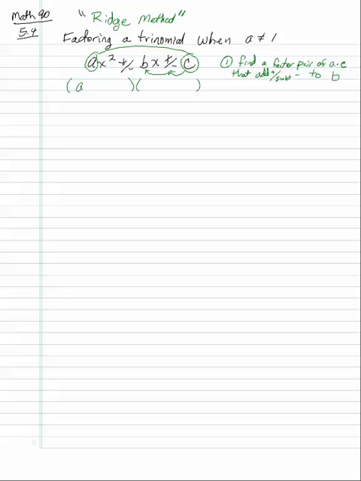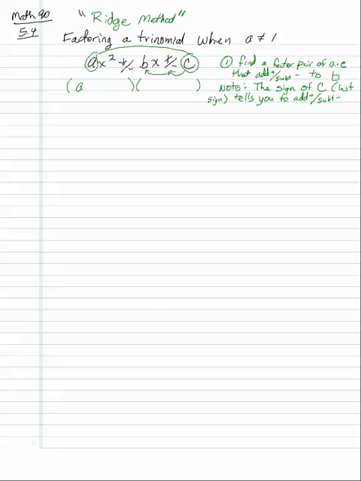So we'll put a little note here. How do we know if we add or subtract? It's the last sign, the sign of C. It tells you to add, if it's plus, or subtract if it's minus.